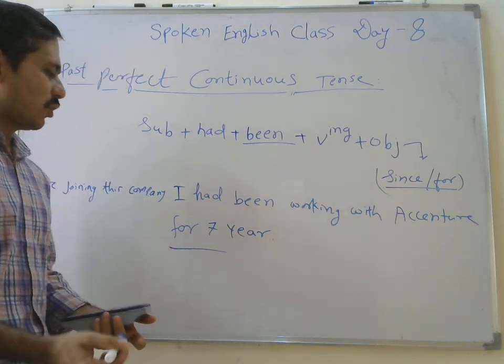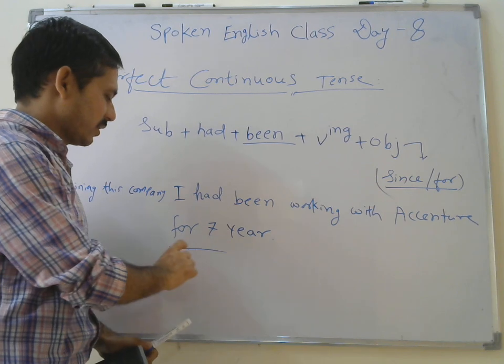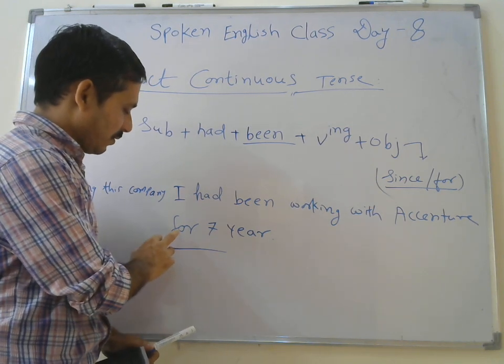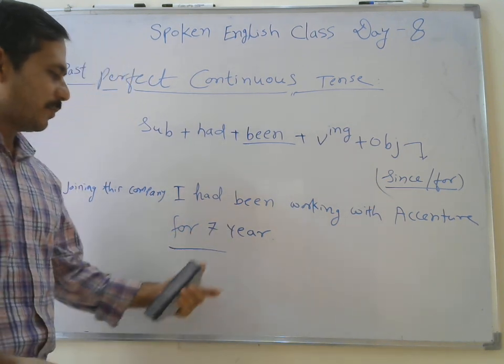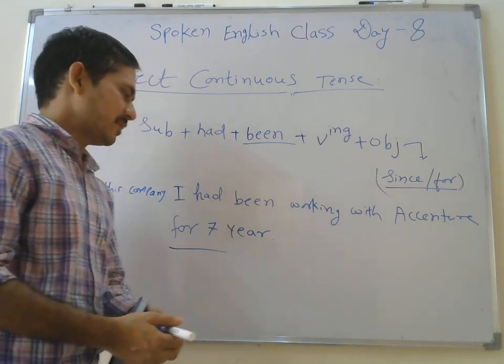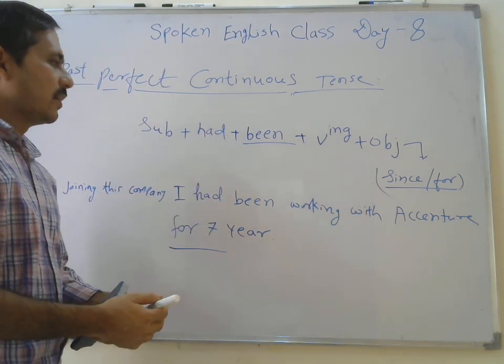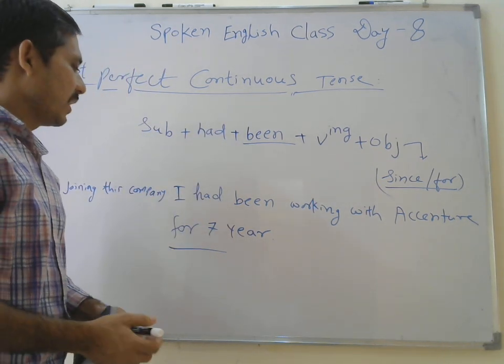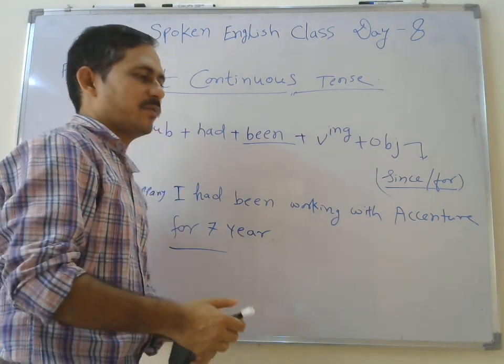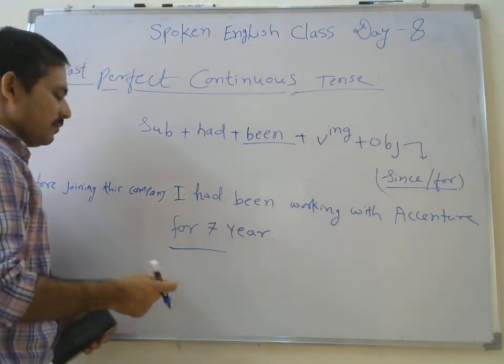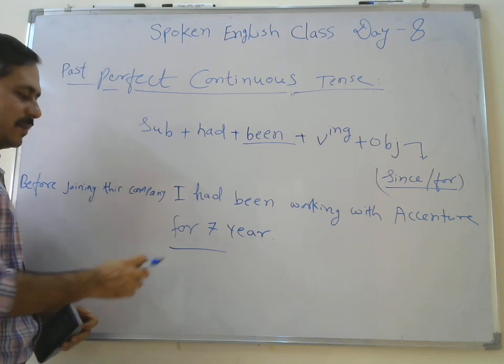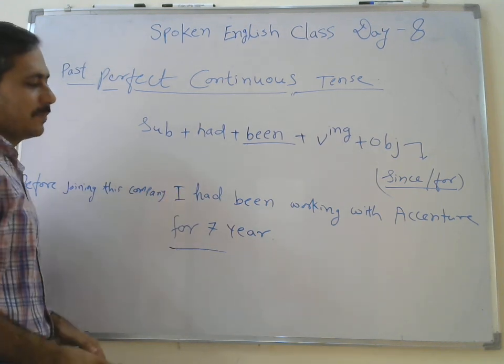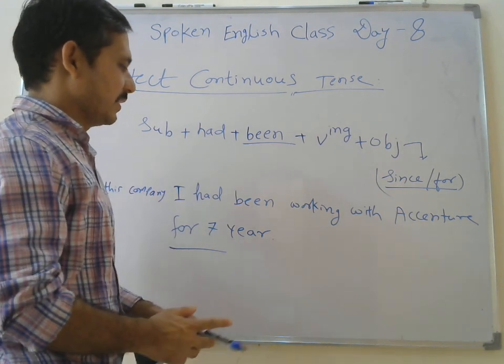Shortly, I will tell you here in short. For will be used with a period of time, wherever a period or duration is there, and since will be used with a point in time, wherever a word like morning or evening is coming, or some specific year. So before joining this company, I had been working with Accenture for 7 years.